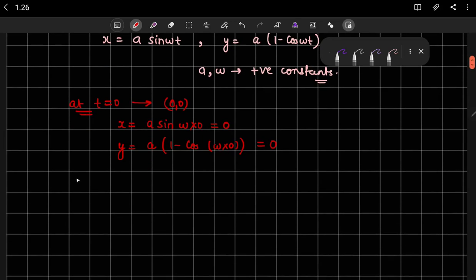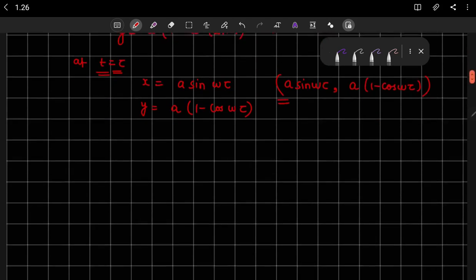Now at time t is equal to tau, we can write the position as x is equal to a sine omega tau and y is equal to a times 1 minus cos of omega tau. So this is the position at the time instant t is equal to tau, and 0 comma 0 at t is equal to 0.